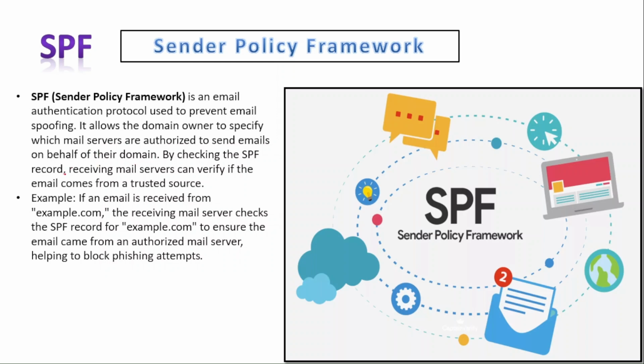By checking the SPF record, the receiving mail server can verify if the email comes from a trusted source. Example, if an email is received from example.com, the receiving mail server checks the SPF record for example.com to ensure the email came from an authorized mail server, helping to block phishing attempts.